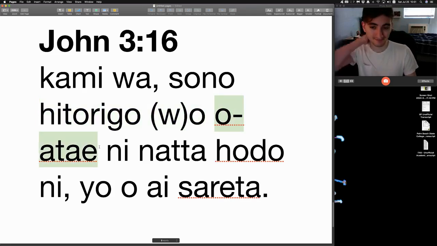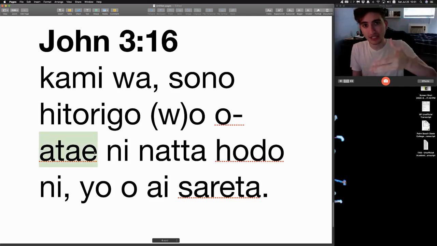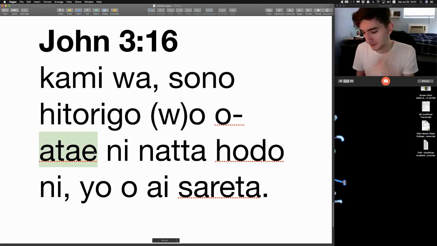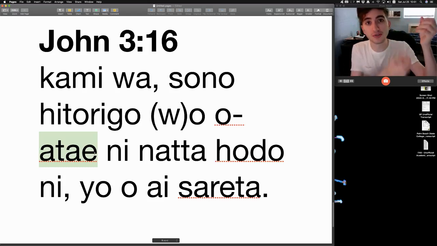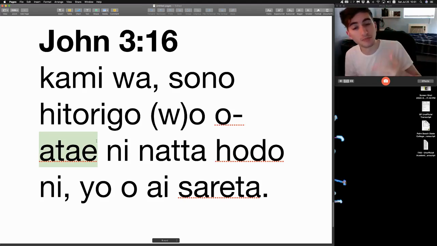O atae ni natta. Okay, this is a very polite way of saying ataeru. Ataeru is a verb meaning to bestow, to give, to someone below you, to give down to someone. God is above us all. So, of course, we will use the verb ataeru when God is giving us something, because he's giving it from above.